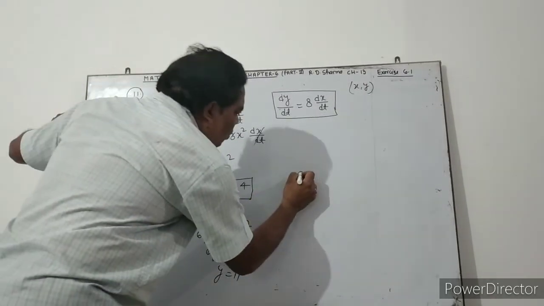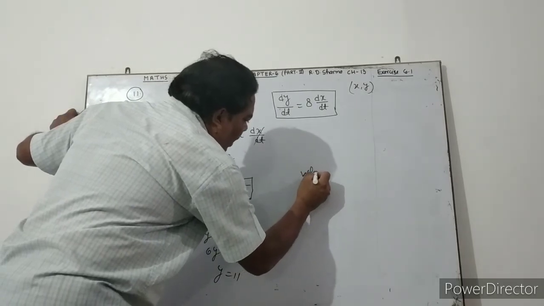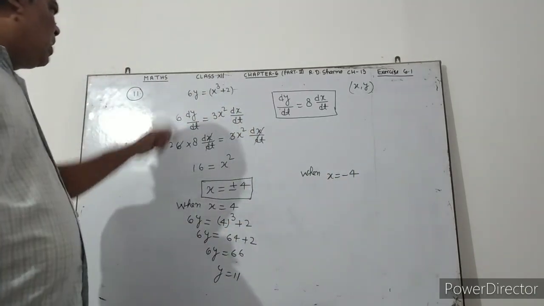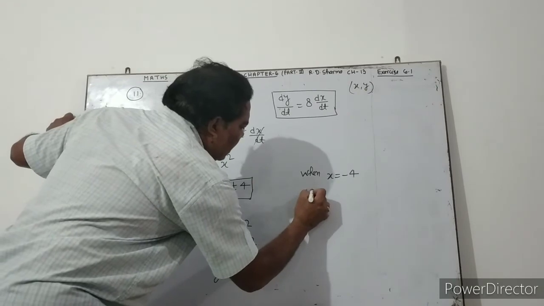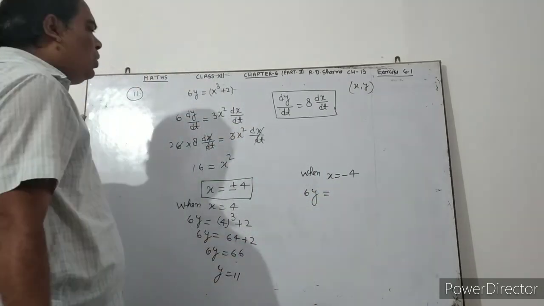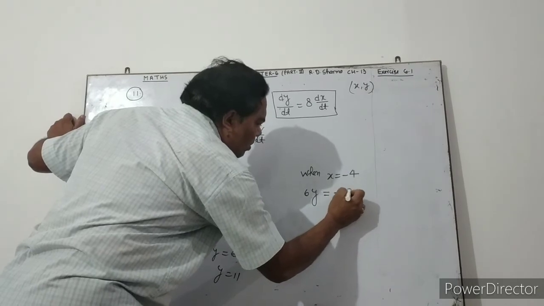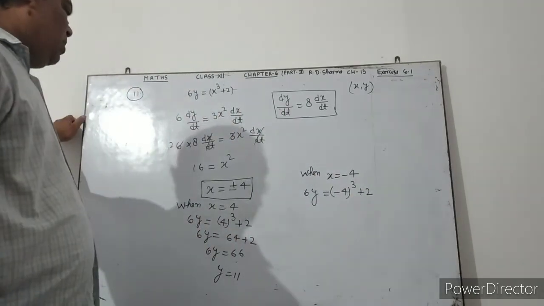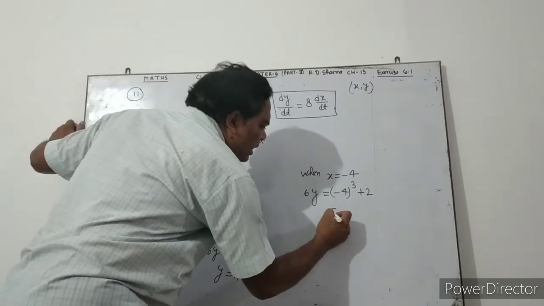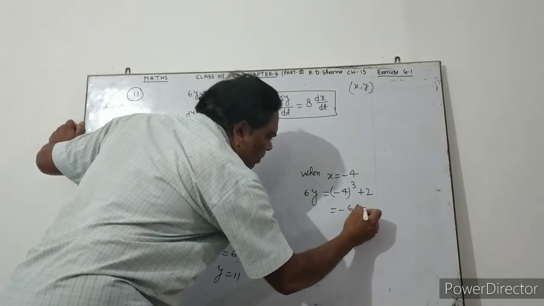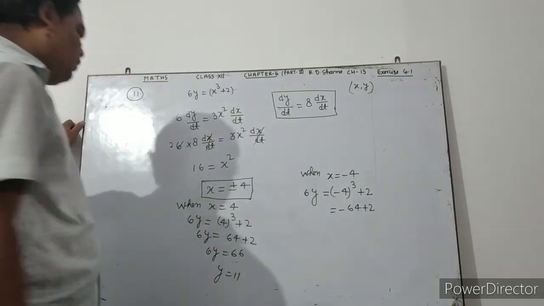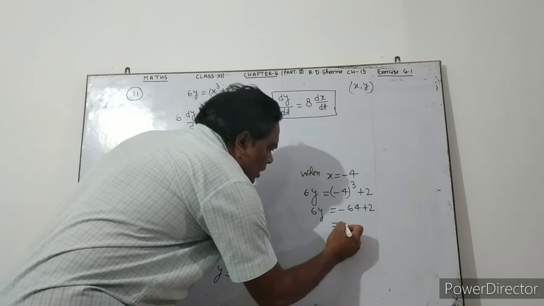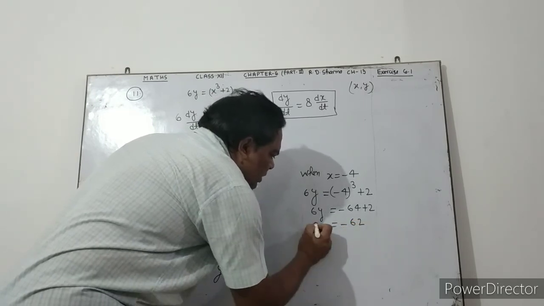When x equals minus 4, then 6y equals minus 4 cube plus 2. Then this is minus 64 plus 2, so 6y equals minus 62.